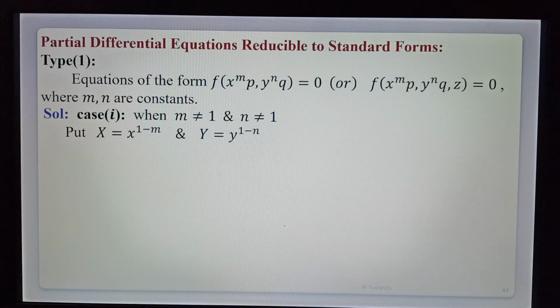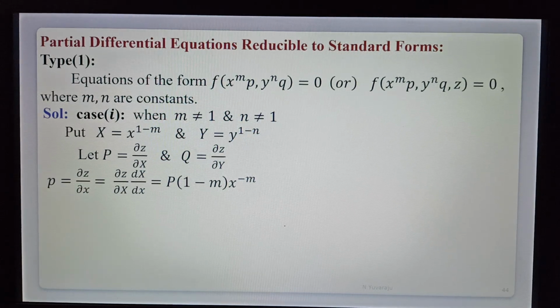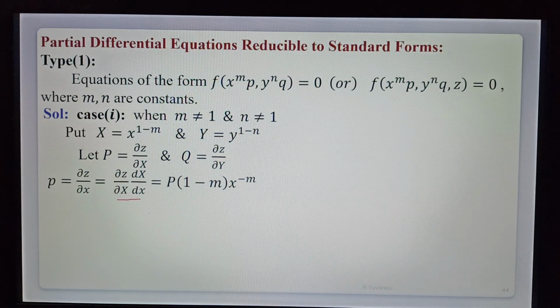In the given equation, we substitute capital X and capital Y. Let capital P be equal to dou z by dou capital X and capital Q be equal to dou z by dou capital Y. We know that small p is equal to dou z by dou x, which can be written as dou z by dou capital X into d capital X by d small x.